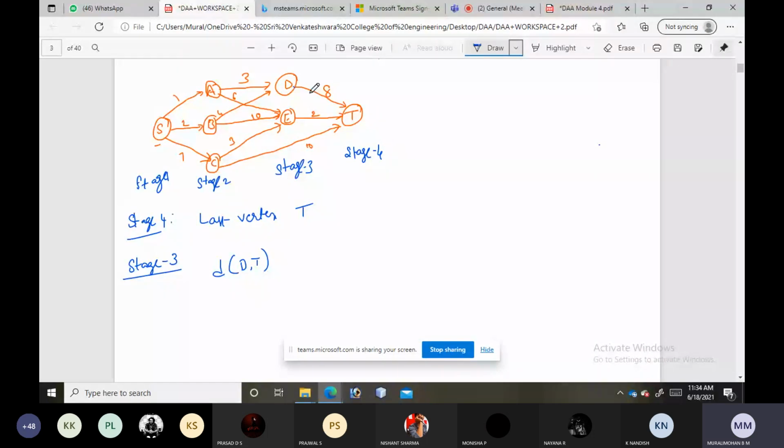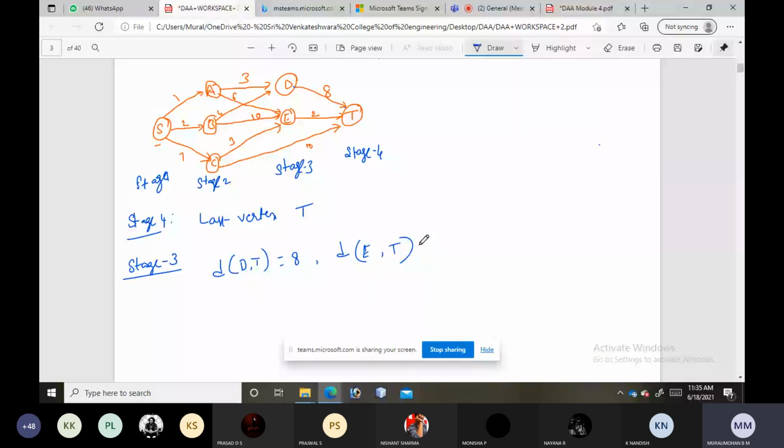Direct edge we are having, it is 8. And what is the distance from E to T? In stage 3 we are having D and E. So we are finding the distance from D to T and E to T. Sorry, it is not D, it is E. What is the distance from E to T? 2. Okay, stage 3 finished.